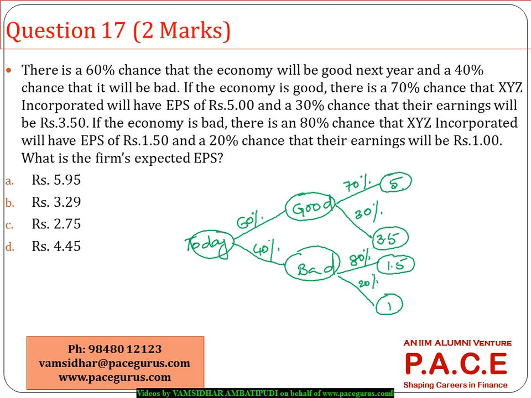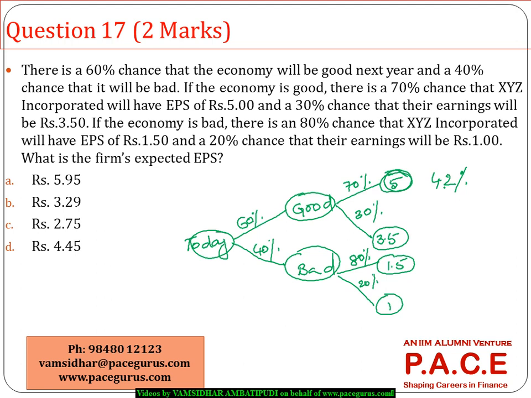So expected value probably is nothing but the probabilities multiplied by the appropriate values. So what is the probability of getting a 5? There is a 60% that it will come here, and out of that 60% another 70%. So 60% into 70%, which works out to 42%.